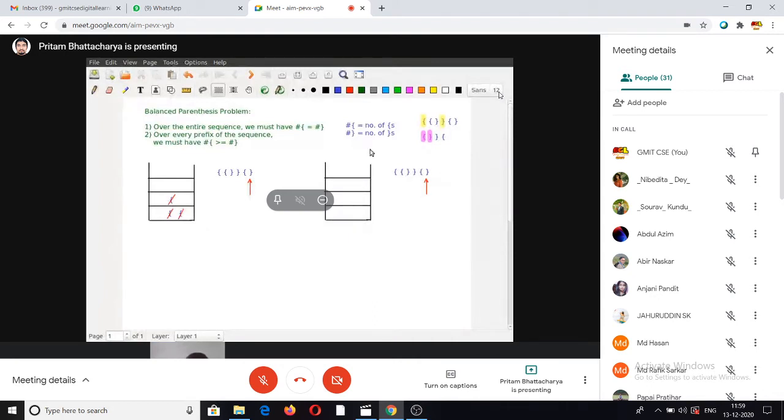Of course, here the input is different. Here I am going for the input: opening, closing, closing, opening. And once again, I start with the arrow pointing at the first symbol.